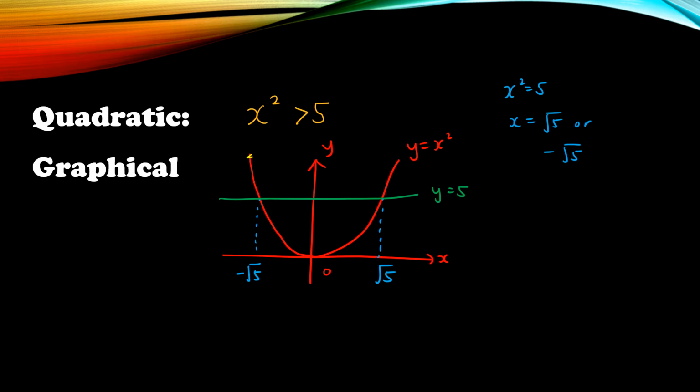It will be the portion that I shade in yellow. What are the values of x in the yellow region? We see that it's to the left side of negative root 5, and also to the right side of positive root 5. So my answer will be x is smaller than negative root 5 or x is greater than positive root 5.